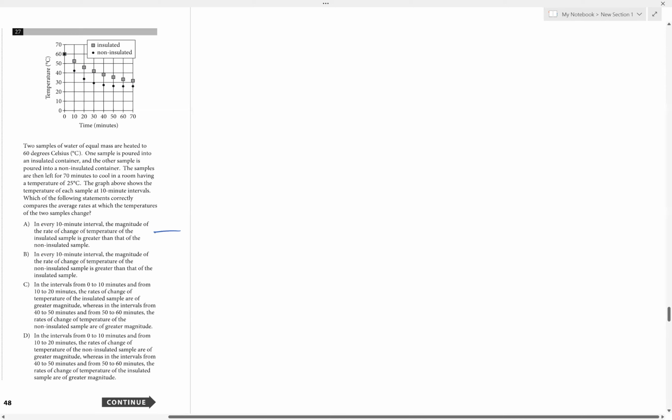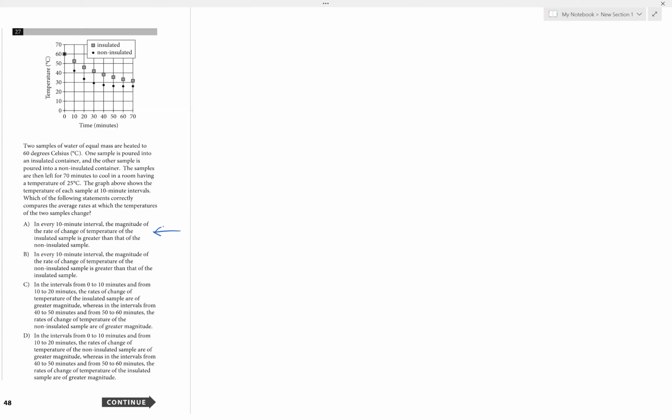Okay, so let's look at answer choice A. For a question like this, we just have to go through each one and see if it's correct or not. A says every 10-minute interval, the magnitude of the rate of change of temperature of the insulated sample is greater than that of the non-insulated sample.